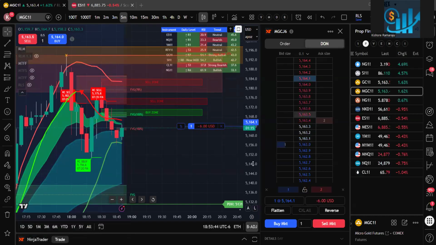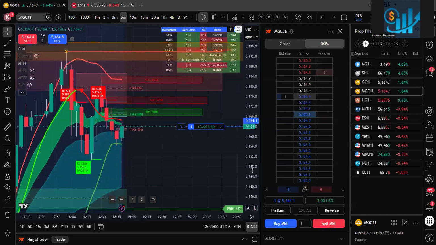So the advantage with micros is you can always add a few more. Because it is a very strong bullish ticker, I got a pullback. So mostly after this candle, we'll see a buy signal. We should go back to the top again. So I took one micro with GC.